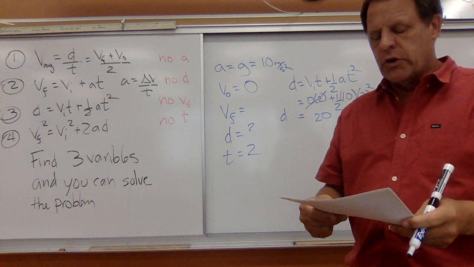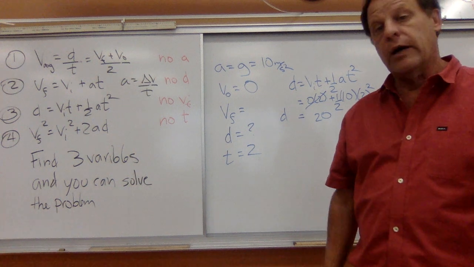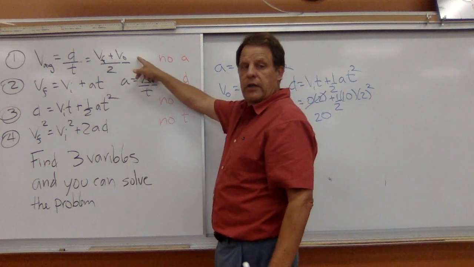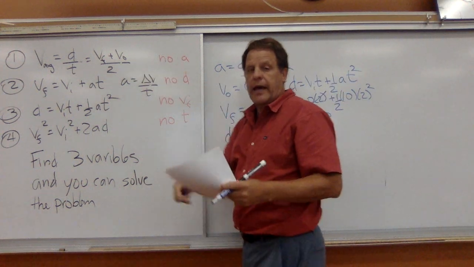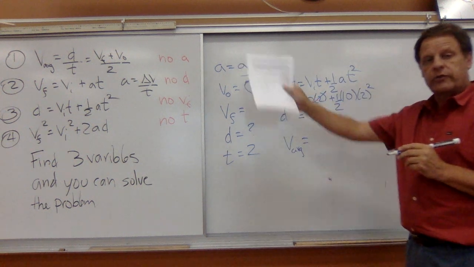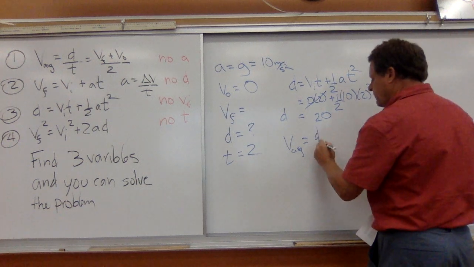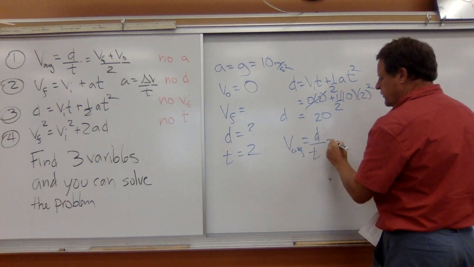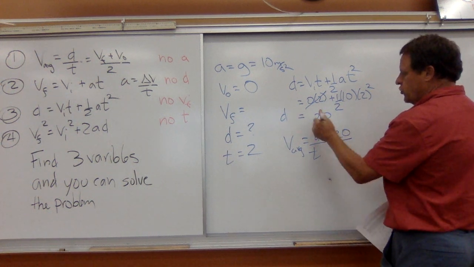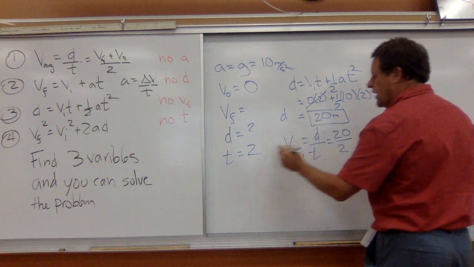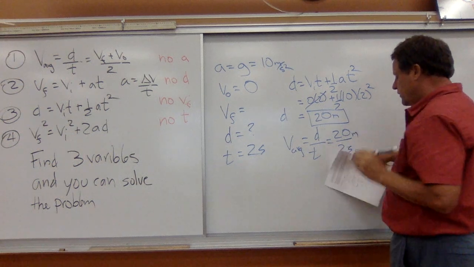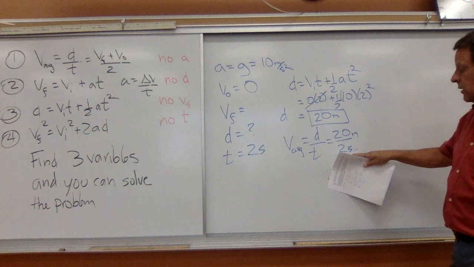Okay, so now the other questions listed in there are to figure out what the average velocity is and the final velocity. We're going to go back up to these equations to figure that out. For the average, there are a couple of ways to do this, but the first one is displacement divided by time, which is 20 meters, what we just got, divided by 2 seconds, which we were given.